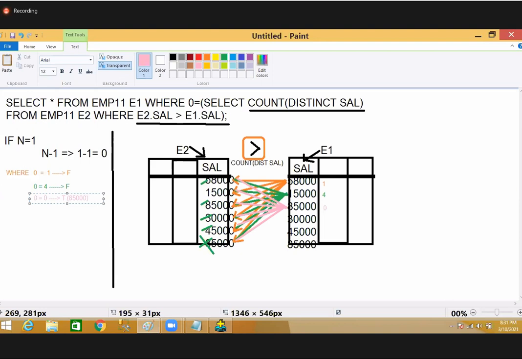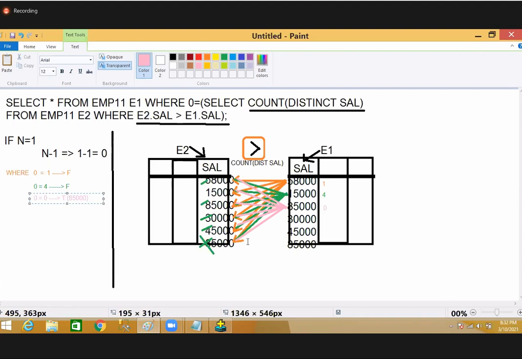So, are all of you clear up to here? Okay, right. So 85,000 returns.